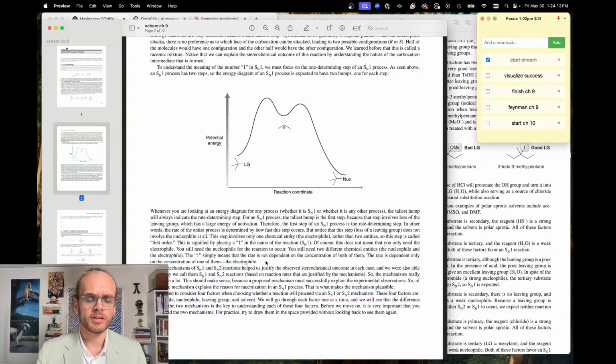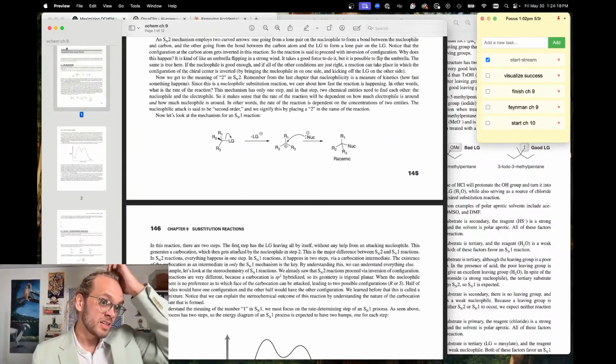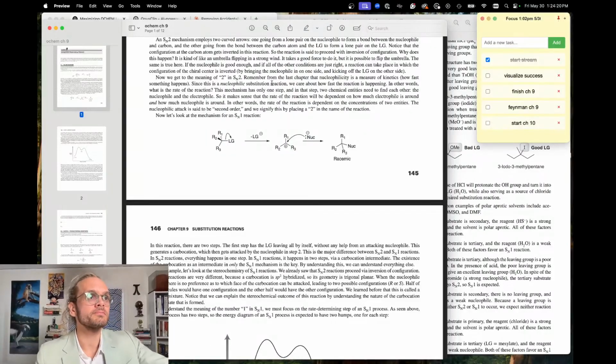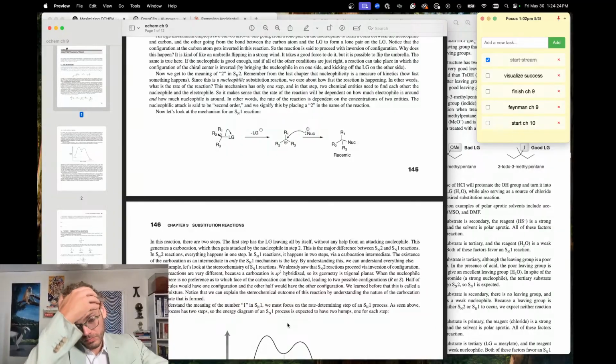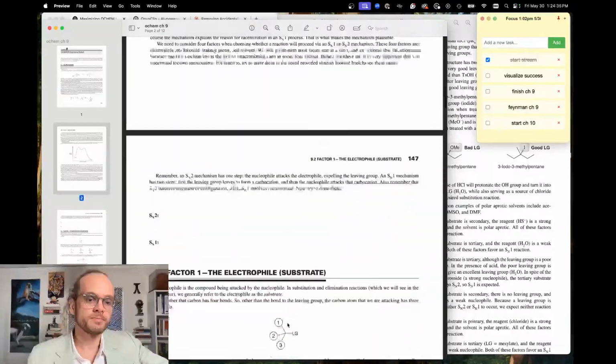The rate is only dependent on the concentration of the electrophile. Okay. That makes some sense. To understand the meaning of the 1 in SN1, we must focus. Oh, man, this is so hard. Okay.